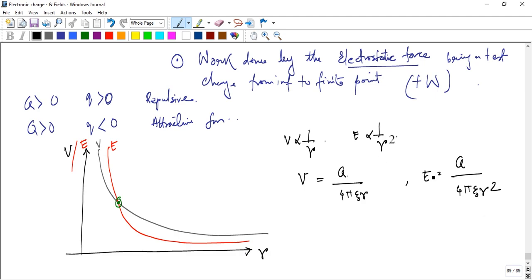Both are independent of the test charge. Now a little change: Q over 4 pi epsilon naught R times R is the potential at point P, so V by R is equal to E.